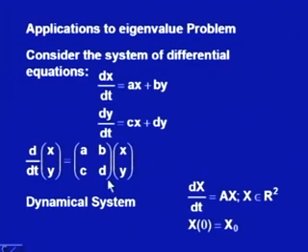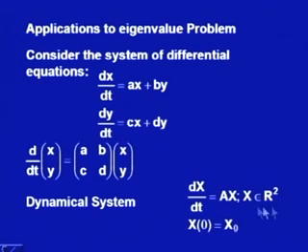I denote this matrix by A, this column as x. So, this is nothing but dx by dt, and the whole system is dx by dt is equal to Ax. So, x is a column vector in R2 because the dimension of x is 2. So, x belongs to R2.